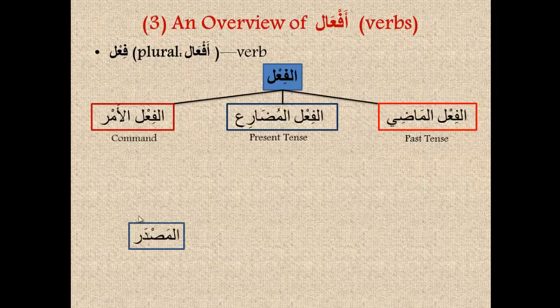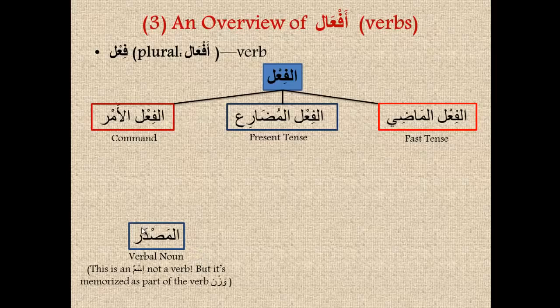We also have the idea of the masdar, which I talked about in passing a few moments ago. This is the verbal noun, and that refers to the concept or the idea of that verb. Now keep in mind, this is an ism, it is not a verb, it is not a fi'l. But it is memorized as part of the verb wazn because it follows a highly predictable and highly regular structure.